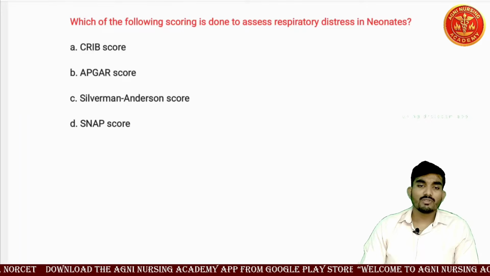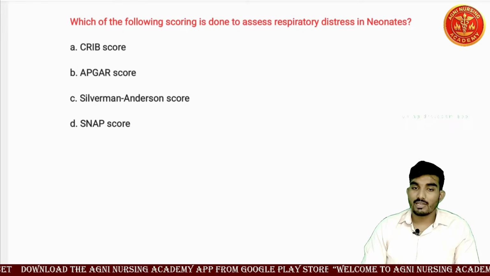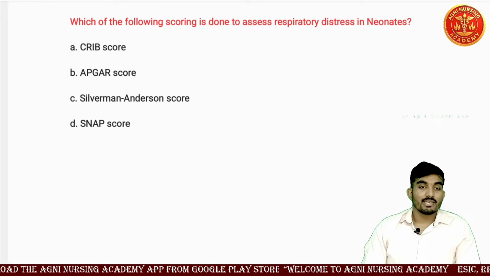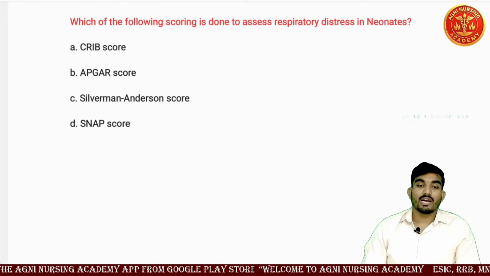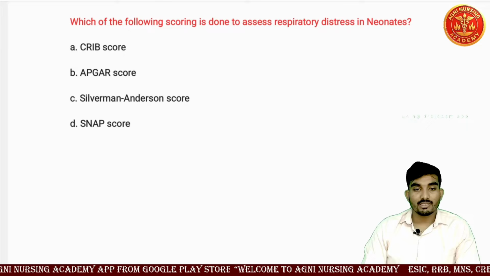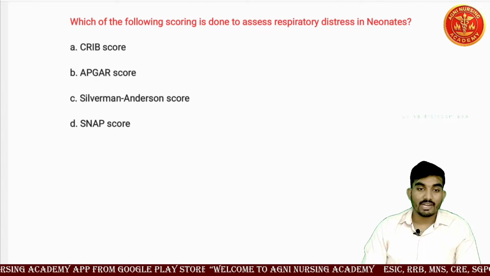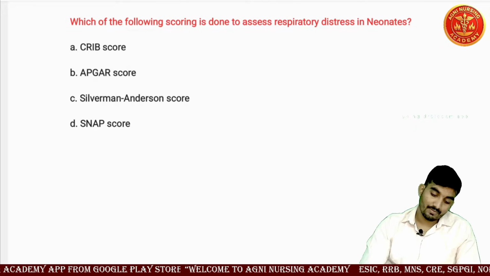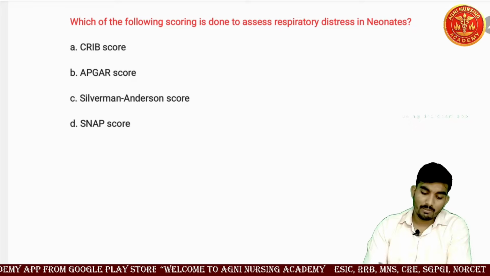Which of the following scores is done to assess respiratory distress in neonates? Option A, CRIB score. Option B, Apgar score. Option C, Silverman-Anderson score. And option D, SNAP score. We'll see the options one by one.